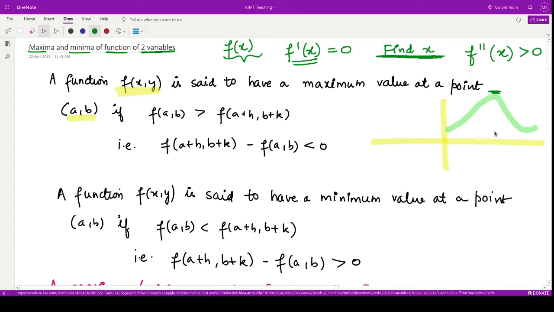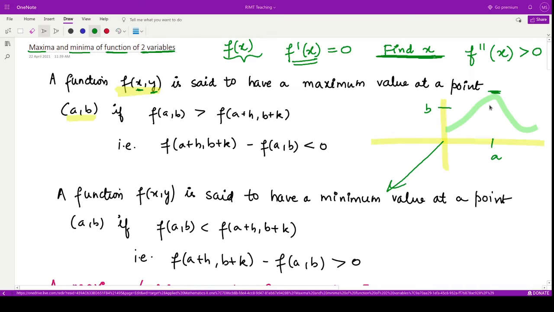Suppose this point here is (a, b). We also require a z axis, because we are in 3 dimensions now: one axis is for x, one axis is for y, and another axis is for the function's value. So you require 3 axes here in order to draw the graph.